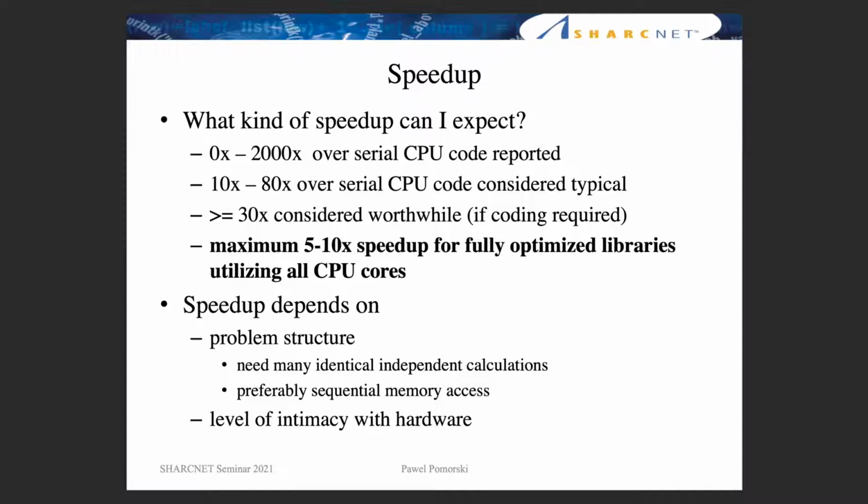And if you are doing your own coding, this speed up will depend a lot on the problem structure, so how easy it is to parallelize, and also how good you are at coding CUDA. Unfortunately, coding CUDA well requires some insight into hardware. You cannot just have the compiler do all the work for you. In fact, the human has to do pretty much all the work. And that's why speed up requires a lot of programming time in a way. So that's something to consider as well.